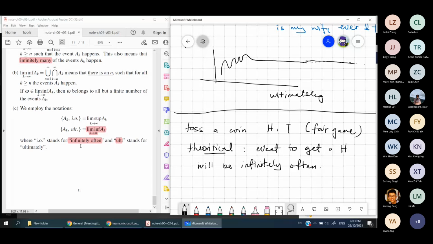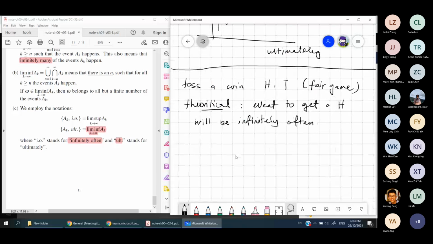No, I think the weak law and strong law are about convergence. So I think the only one we can use is the Borel-Cantelli lemma. So this is not directly related to the weak law and strong law.